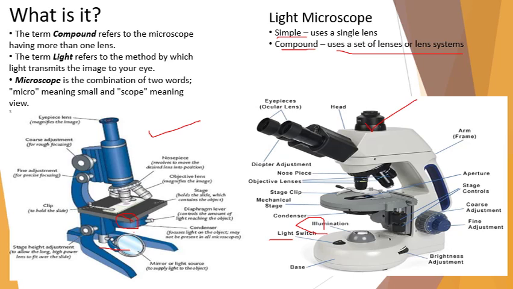So we have two sources of light in a microscope: one is the mirror and the other is the illuminator. The mirror captures light from the sun, and the illuminator produces light through electricity.